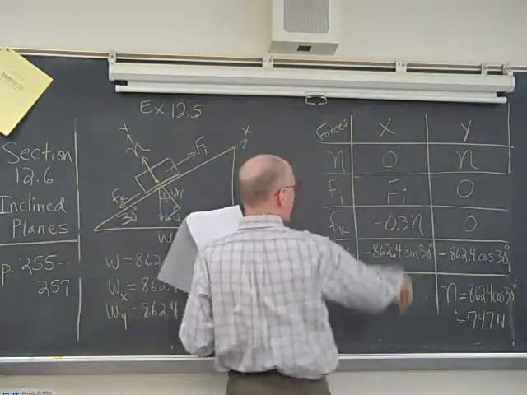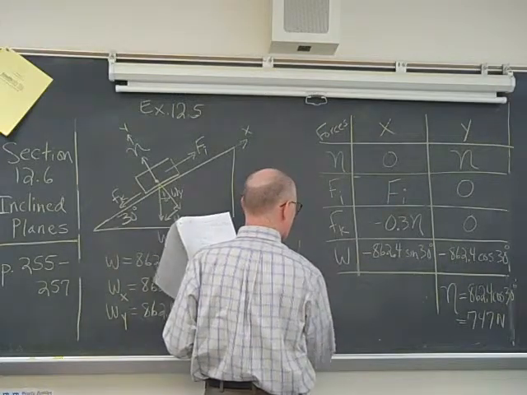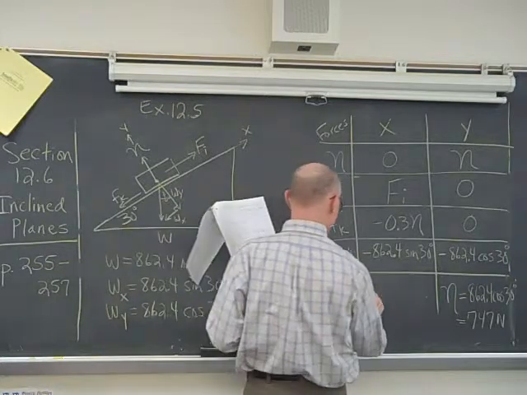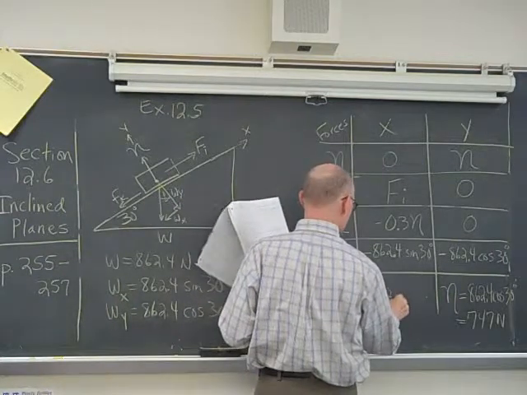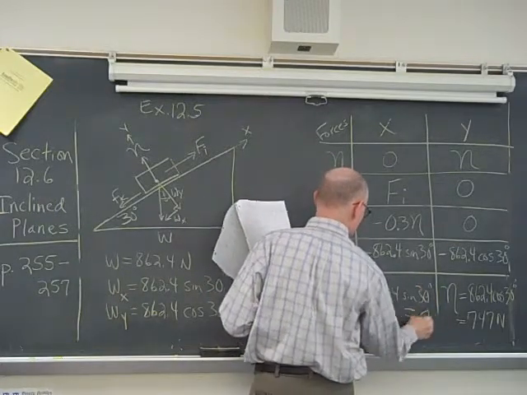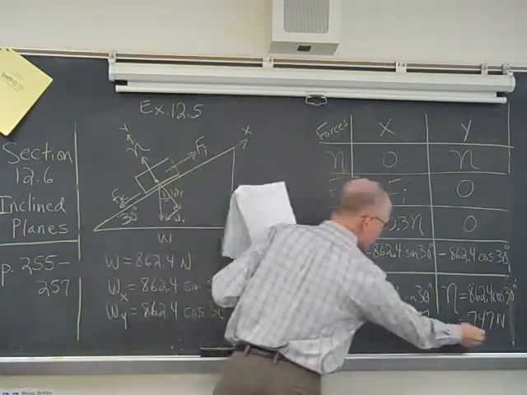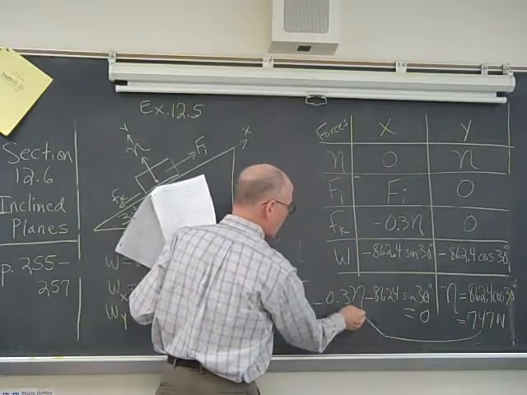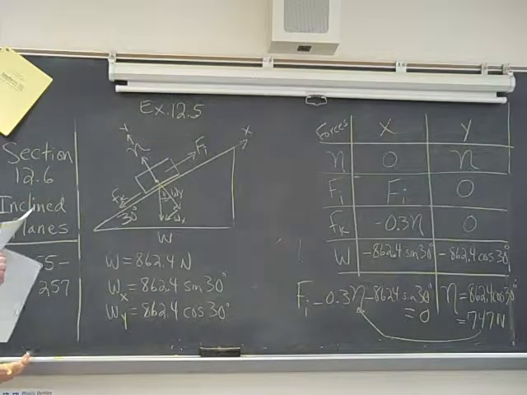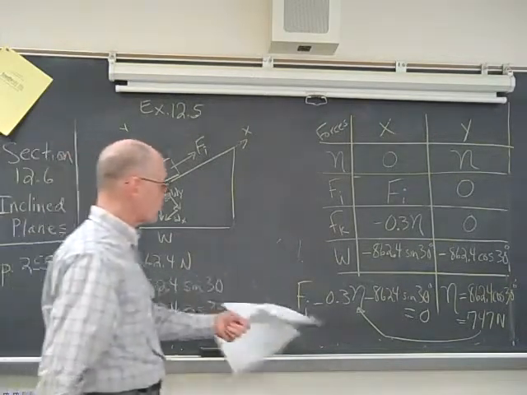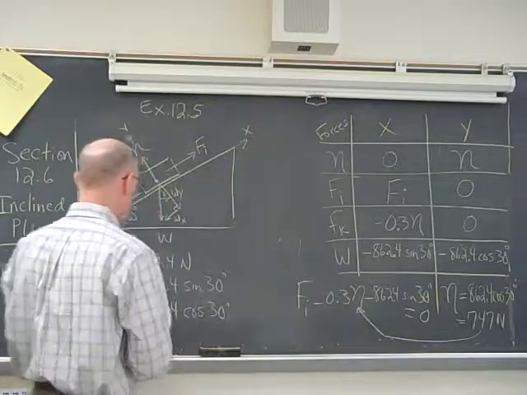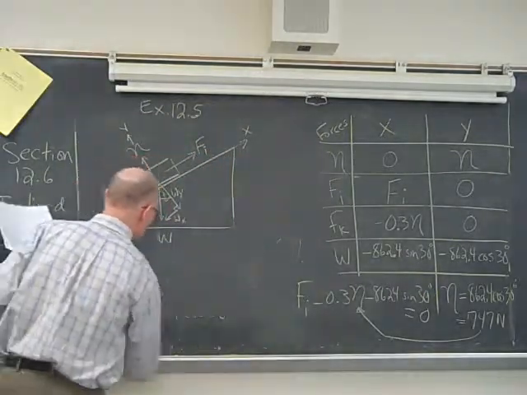So now we'll add up this column, set it equal to 0. Input force minus 0.3 times the normal force minus 862.4 times sine of 30 degrees is equal to 0. We're going to take our normal force from the other column, plug it into here. And now you see that we have only one unknown. We already know the normal force, so the input force is the only unknown left in that equation.